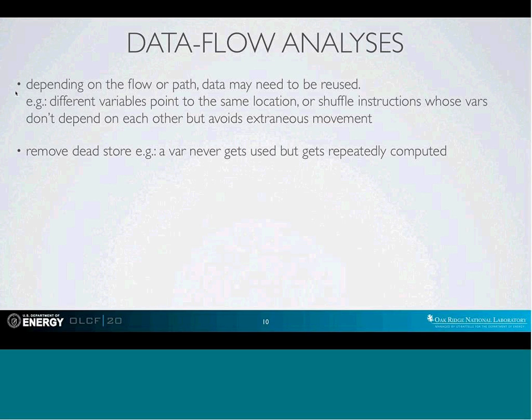Then the CPU literally just sits in a little loop and waits for that memory to get loaded. And when it sits in a loop, it's time you're wasting that you could have been using to calculate something else. So, different variables that point to the same location, or shuffle instructions for variables that don't depend on each other, avoid, for example, this extraneous movement of data.